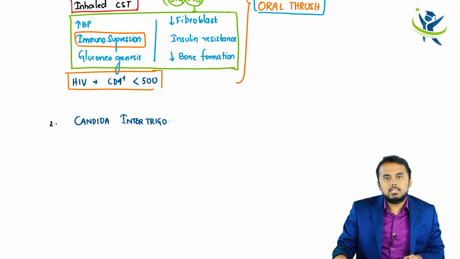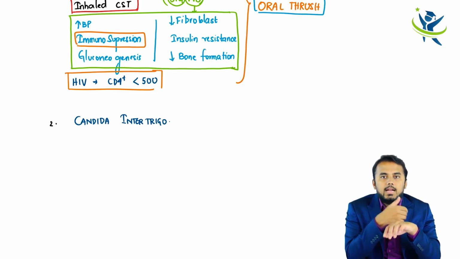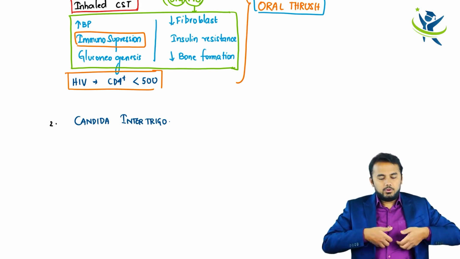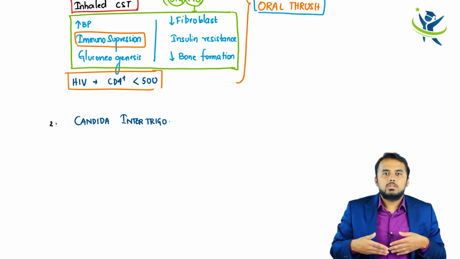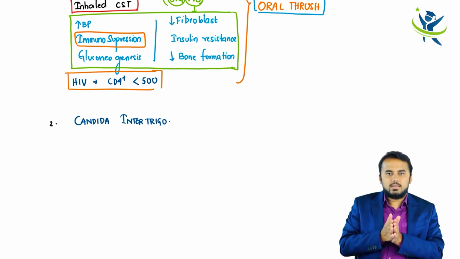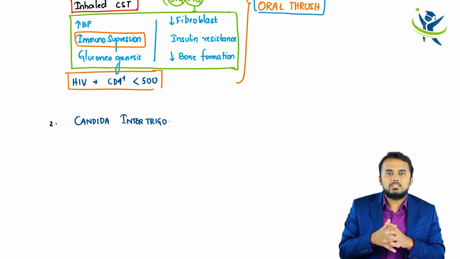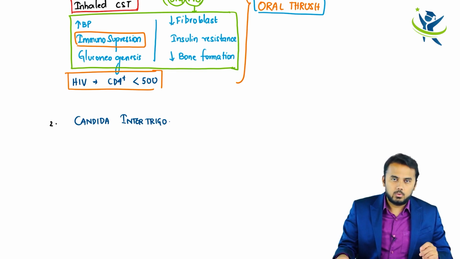Candida intertrigo, in the sense between the closed surfaces, between the two fingers, between the web spaces, and in the axilla, right, beneath the breast. In females, when you lift up the breast, beneath the breast, in the groin region. So these are the closed or covered surfaces, right? So this infection has a higher tendency to attack those moist covered surfaces. That is why this is called Candida intertrigo.